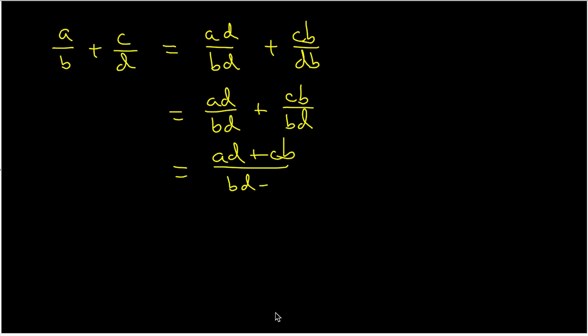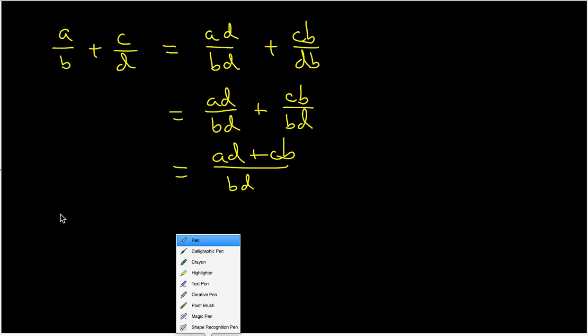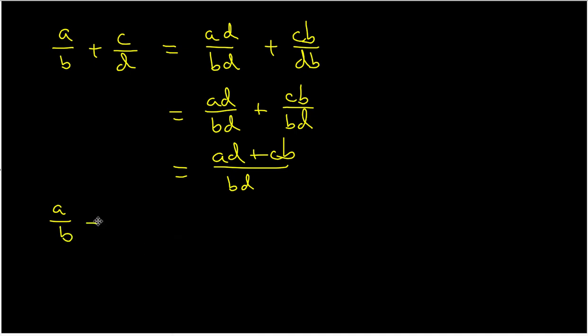So the basic formula for adding fractions together is nothing more than this. You multiply the first numerator by the second denominator. You multiply the second numerator by the first denominator. And you multiply the denominators together to get the new denominator.